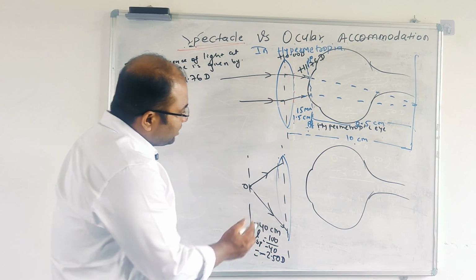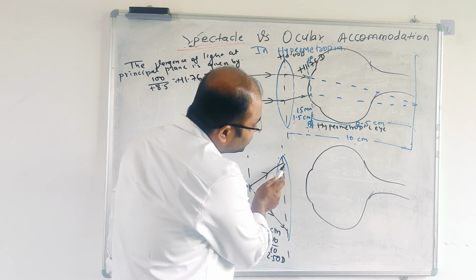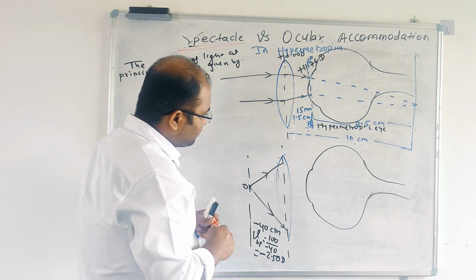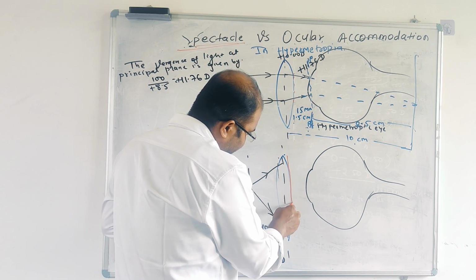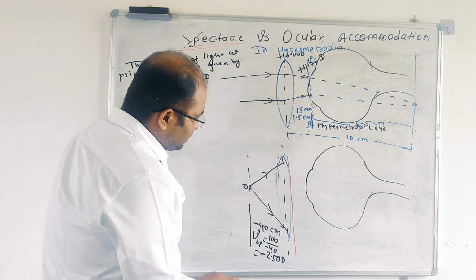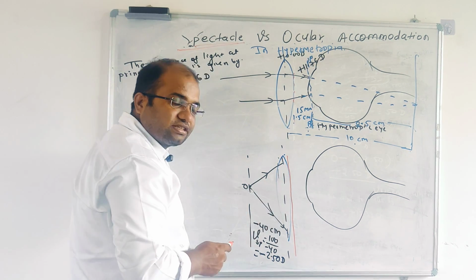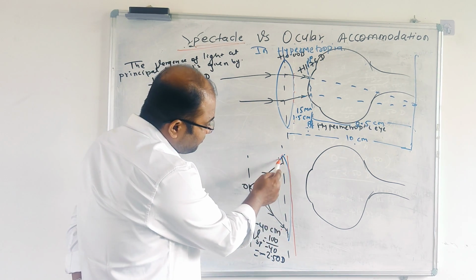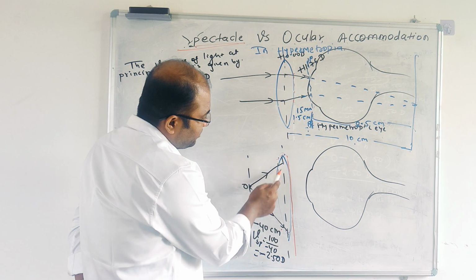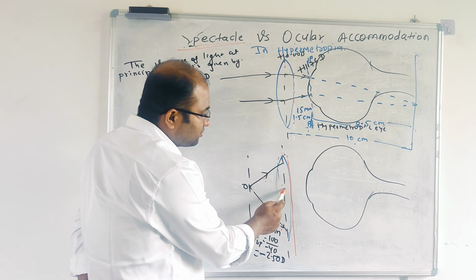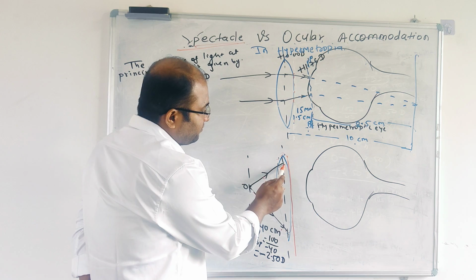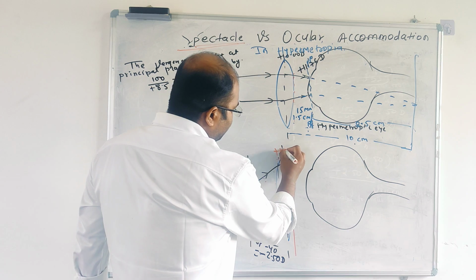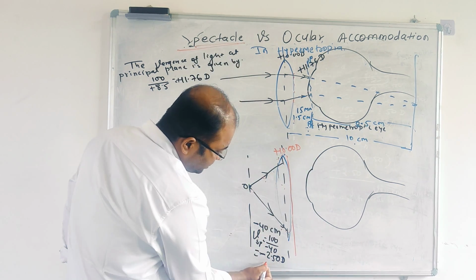Now I need to calculate the divergence of light which is emerging out of this lens. When the light emerges out of this lens, it is the combination, the sum, of the divergence of light striking the lens and the total power of the lens. The lens has plus 10 diopter, and this is minus 2.5 diopter.